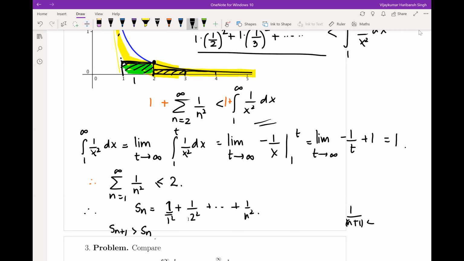So therefore, this sequence is monotonically increasing, and it's bounded above by 2. Therefore, Sn converges by what? By the monotone sequence theorem.